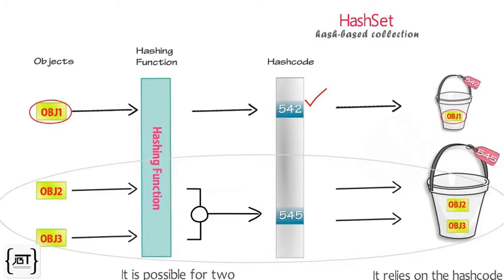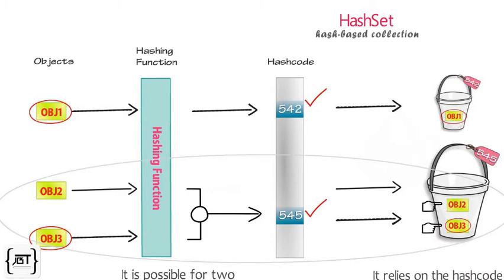That means that multiple objects would land in the same bucket. If we need to find object 3, the hash code takes us to its bucket. This bucket contains two objects. The hash set will now use the equals method to see if there's a perfect match.